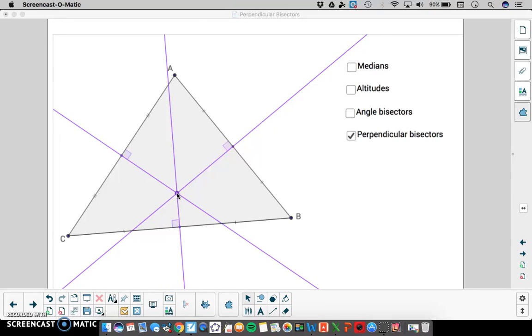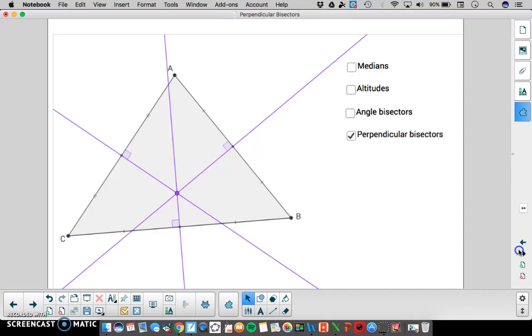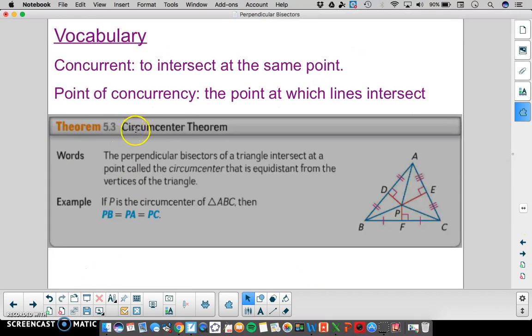This point of concurrency actually has a special name. It is called the circumcenter. So the circumcenter is that point at which the perpendicular bisectors intersect. Now, the circumcenter is special because it is actually equidistant from each one of the vertices. So in this picture, because P is the circumcenter, from P to A, from P to B, and P to C are all equal distances.